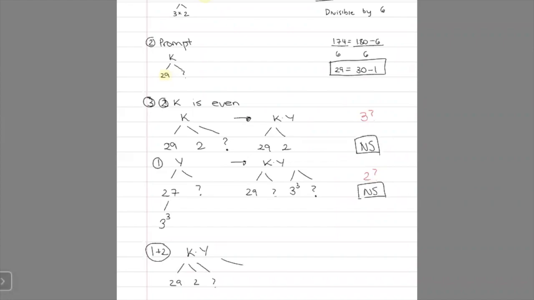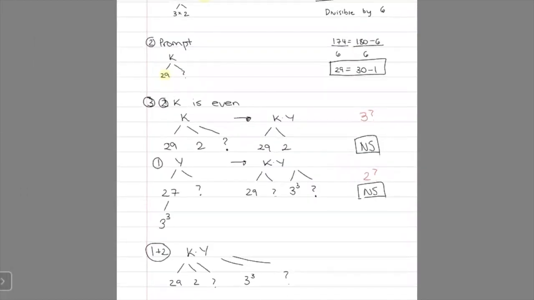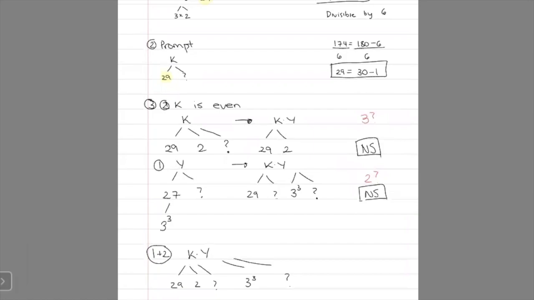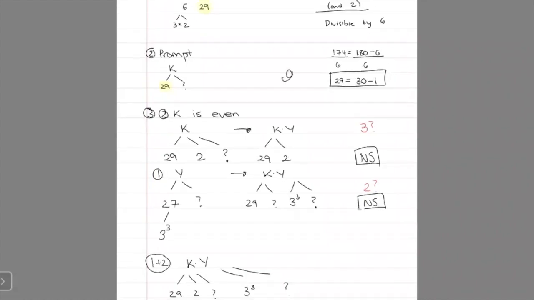And then the y is going to have the 3 cubed, and maybe something else as well. The point is that it does have a 29, a 2, and a 3 for sure. And so if you put that together, it goes back to 174, which means that our number is going to be divisible by 174. So together they are sufficient, and that's answer choice C. That's when neither one is sufficient by itself, but together they are sufficient.